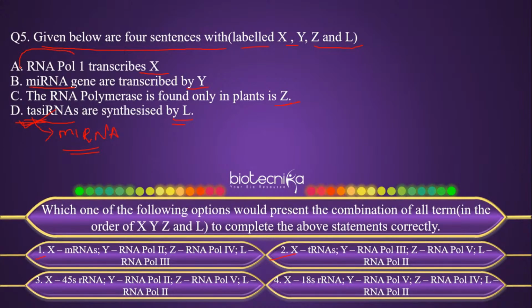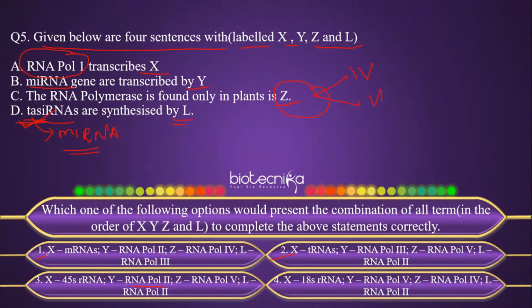So what does 3 indicate? RNA polymerase 1, remember one thing, is responsible for carrying out rRNA transcription. All these microRNAs and siRNAs are transcribed by whom? RNA polymerase 2. Just see, the RNA polymerases found only in plants are of two types, 4 and 5.